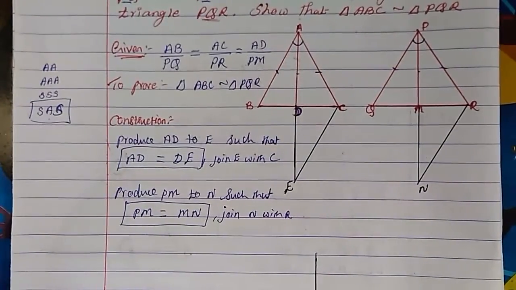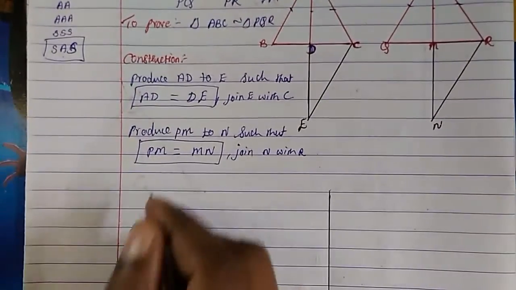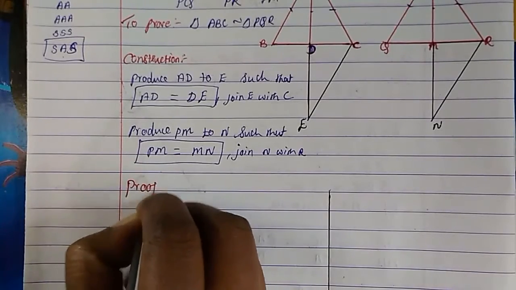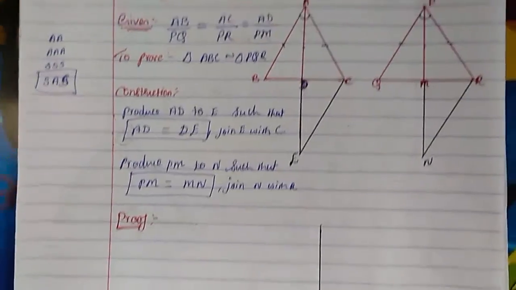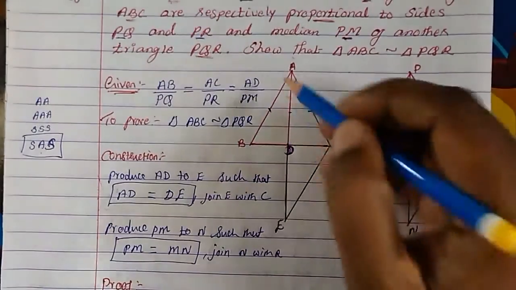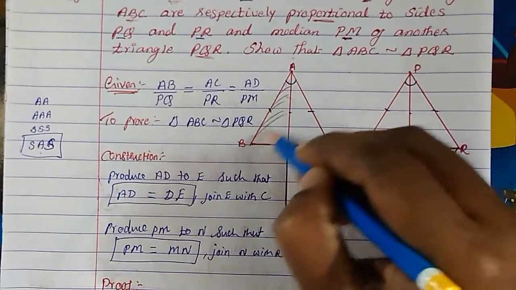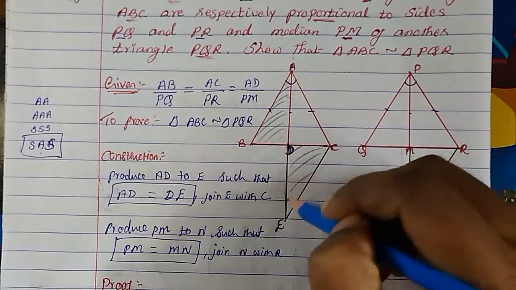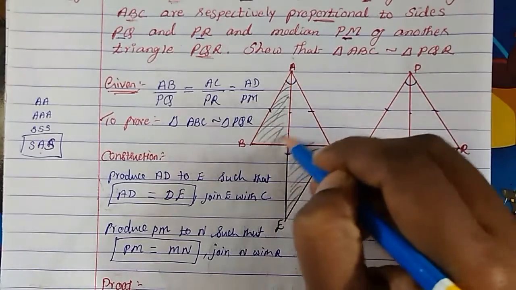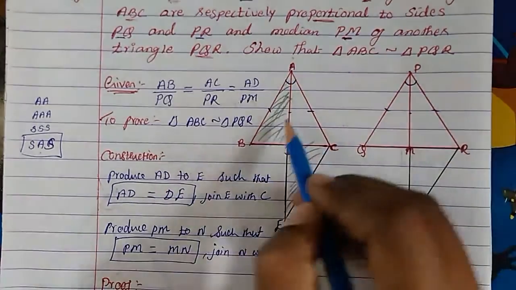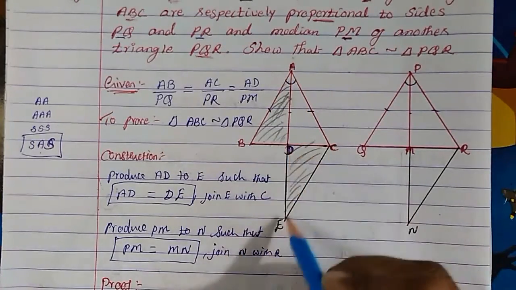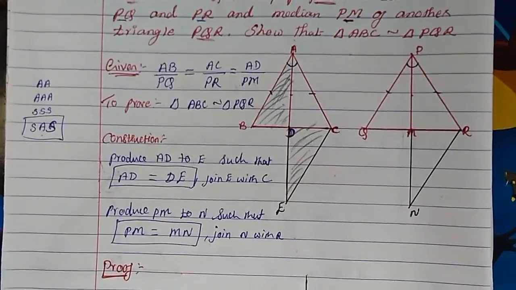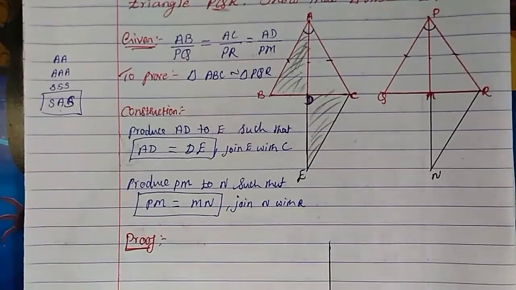Now let us prove. So to prove, we will take first these two triangles. In these two triangles, ABD and here you have DCE. These are the two triangles we have.